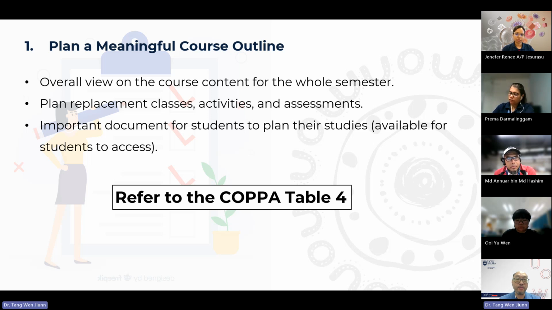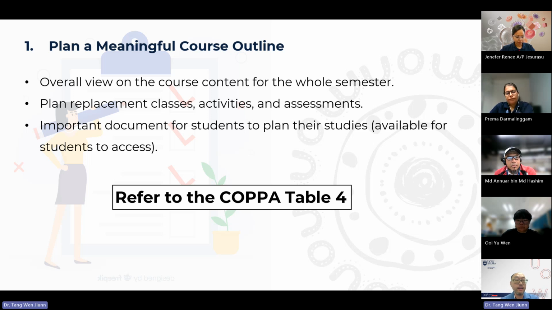I believe you all should already have this, as we're already at week 6. The first thing you need to do before we start the semester is to create the course outline. The course outline tells us the contents for the whole semester.